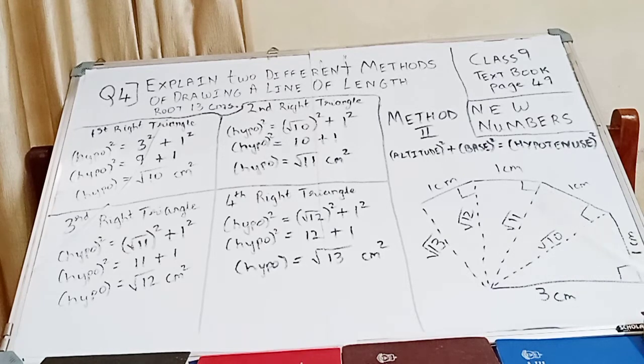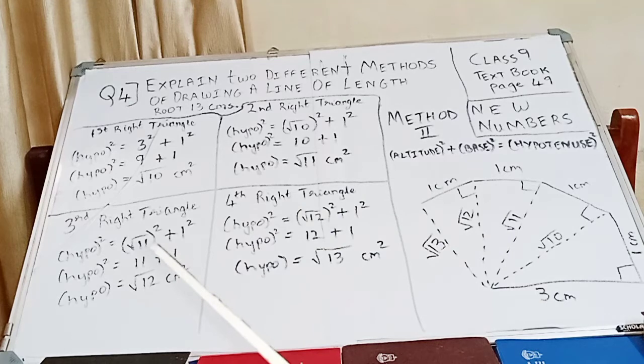Now you will use the same method in order to find the hypotenuse of the third right angle triangle. So this square root of 11 centimeter you have to take over here and substitute over here. This is the base. In the third right angle triangle, square root of 11 will be the base and the height or the altitude will be 1 centimeter.